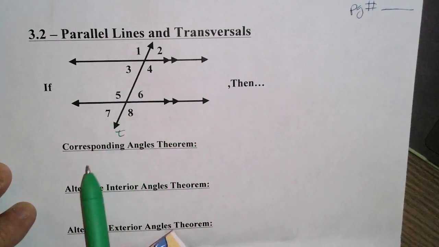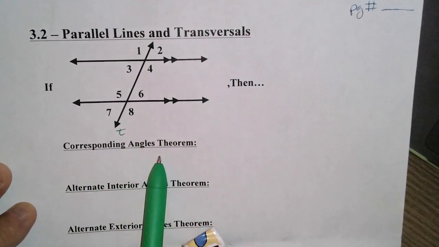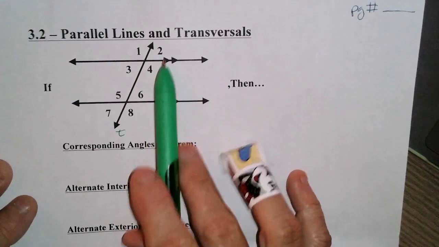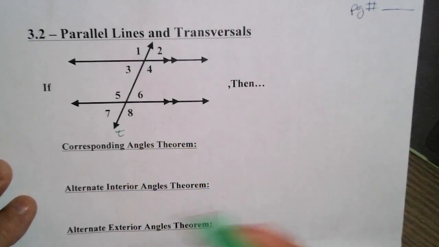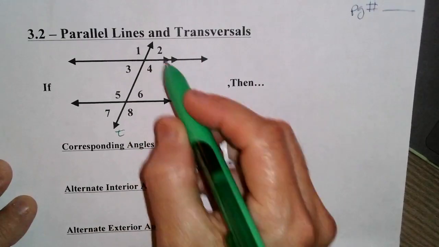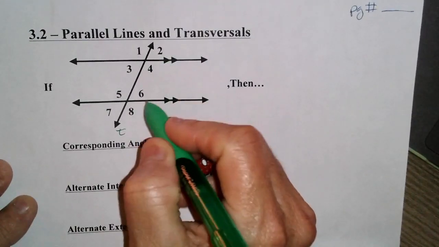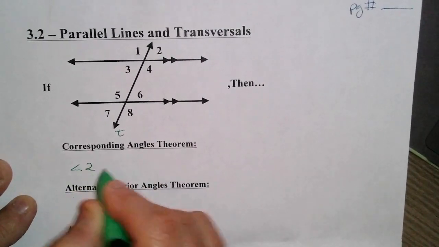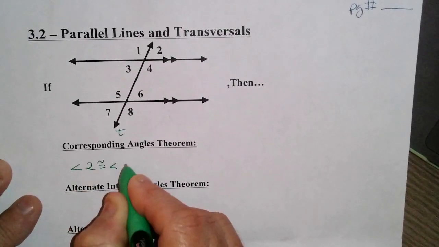The first one we're going to look at is the corresponding angles theorem. It tells you that if you have a pair of corresponding angles, they're going to be congruent. So here we have angle 2 and angle 6, they are congruent because they are corresponding angles.